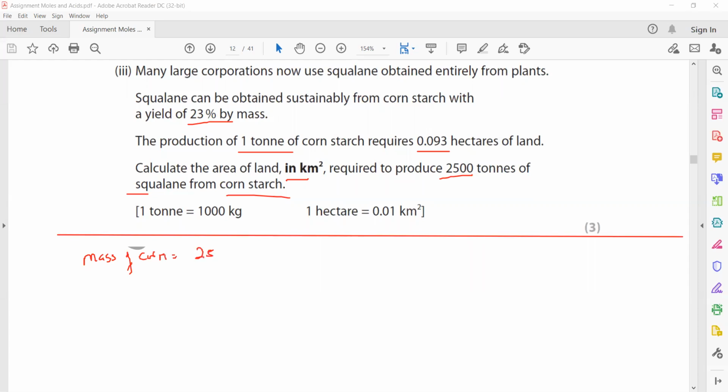So that will be 2500 tons divided by 23 into 100. This will give us the total mass of cornstarch which is needed. So it is about 10,869 tons. Because as I mentioned, by mass it is only giving 23%. Like if we need 2500 tons, 23% by mass of the cornstarch is producing squalene. So this is the total mass in tons of cornstarch which we need.